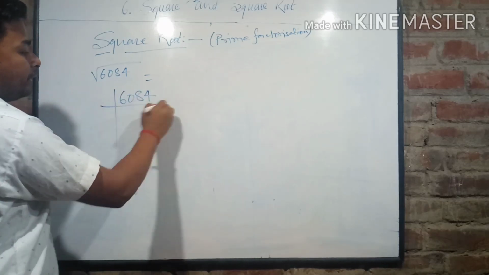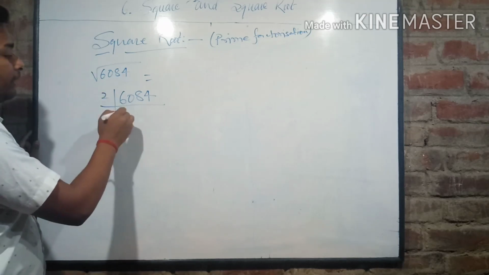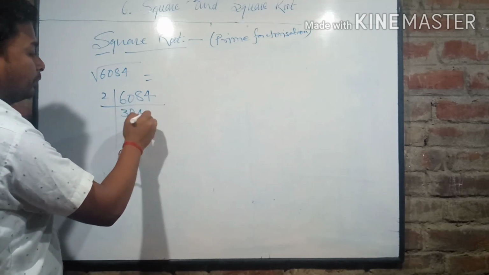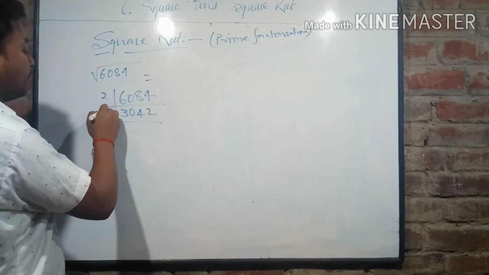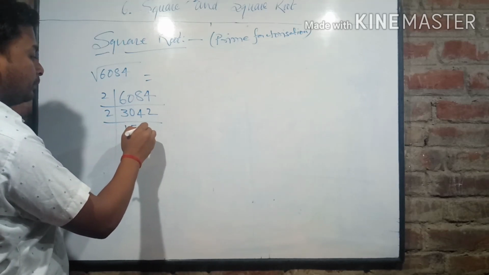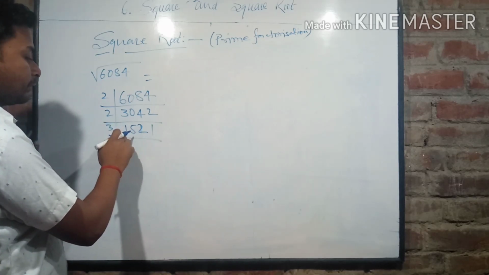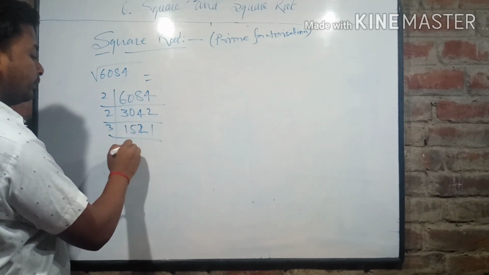To get the prime factors, as we know that it is divisible by 2, we will divide it by 2, and again by 2. Now it will be divided by 3.